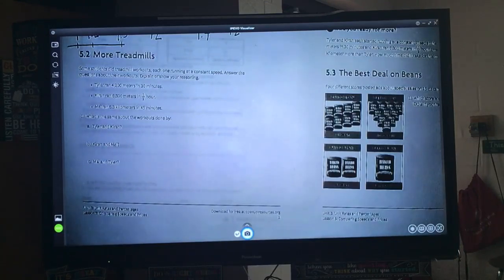What rates do they run? 12,600 meters. Oh, so you just divide it. In half an hour. Well, that means Kyran is faster. Like you have to figure out how much they run in like 1 minute. So we have to do 4,200 divided by 30. 8,400 meters an hour for Tyler.